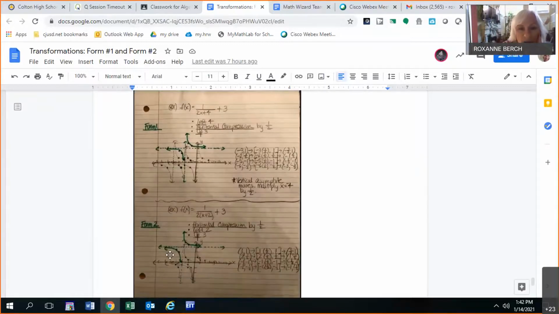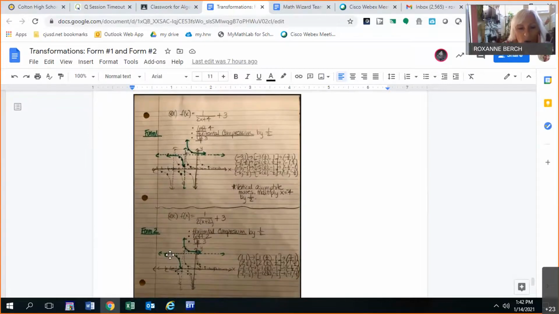And in this last problem, once again, if you do a GCF and you write it in form 2, the vertical asymptote is at x equals -2. It's not at x equals -4.